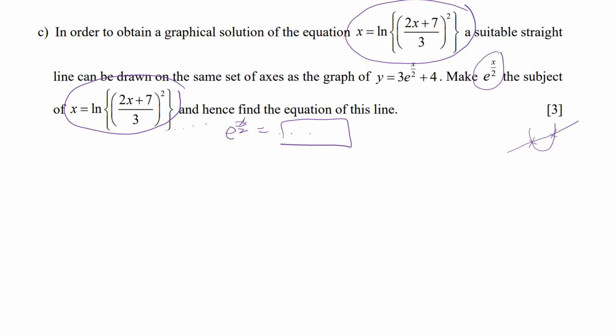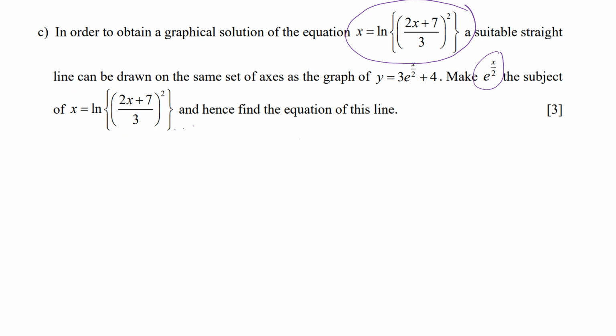After you make e to the power x over 2 equal to something, you can just manipulate it to find the equation of a straight line. Okay, so having said that, let's go about doing it.